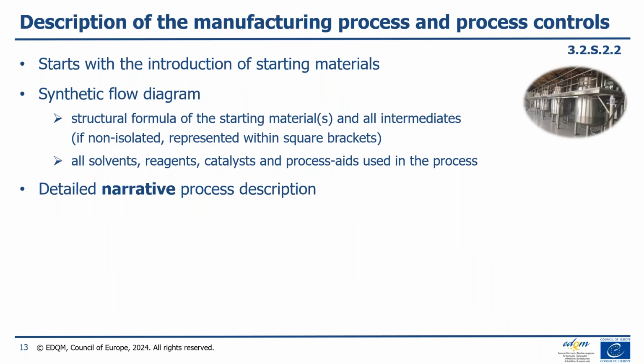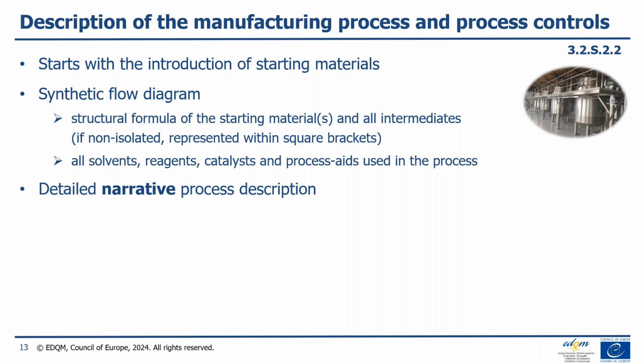Moving onwards on our CTD sections, we come now to section S22, which includes description of the manufacturing process and process controls. So where does it start? It starts with the starting materials.